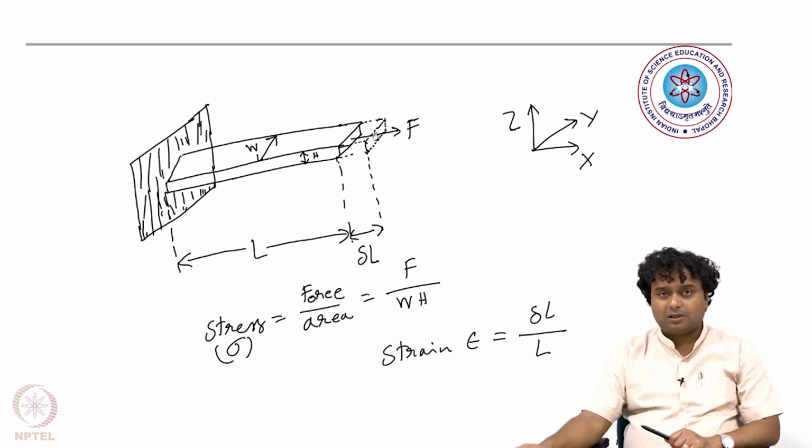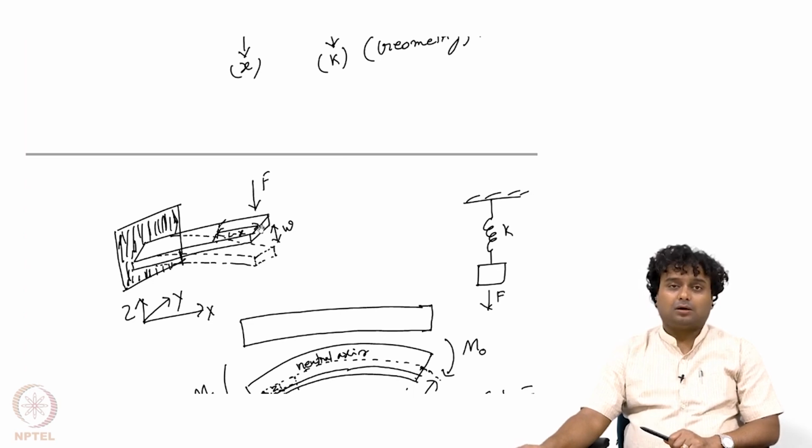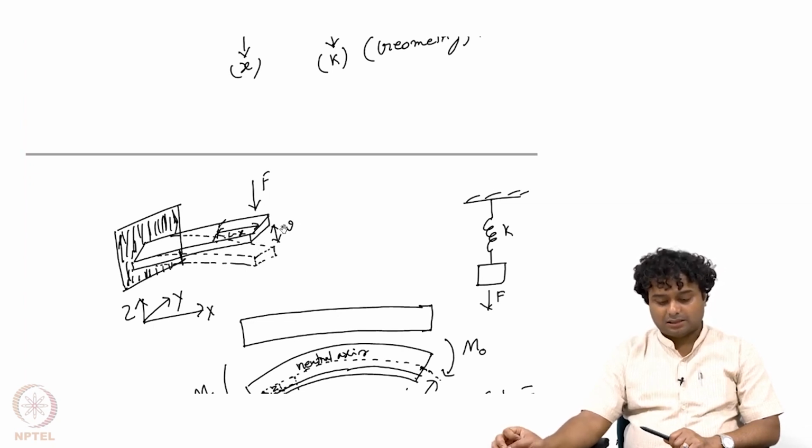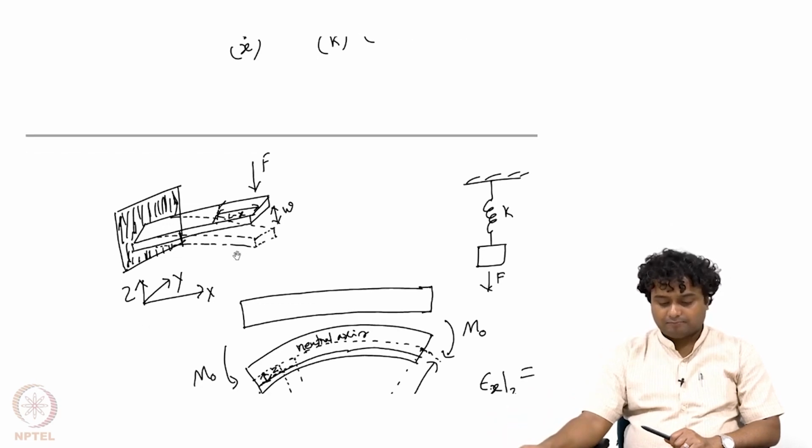Whereas for this particular case, we only had movement in the x direction. But for the transverse case, you see the deflection was in the y direction, whereas because of very small deflection, we have considered that it has not moved much in the x direction, but technically it can move in x or z direction also, or even it can rotate.